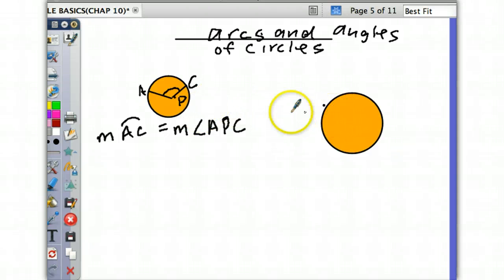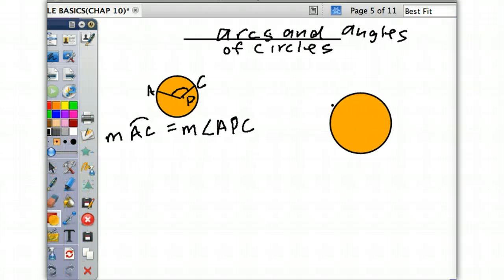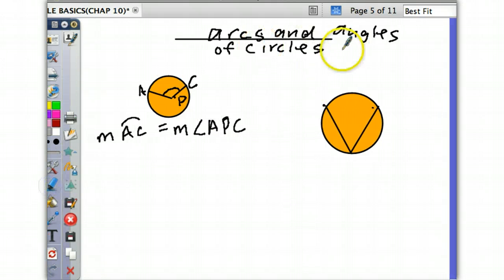Let's take another circle over here and look at, let's say we've got an angle here which is called an inscribed angle. So go ahead and draw that. And now, let's take the arc as, let's say, DE. Arc DE, there's going to be a relationship between this arc here and the inscribed angle here.